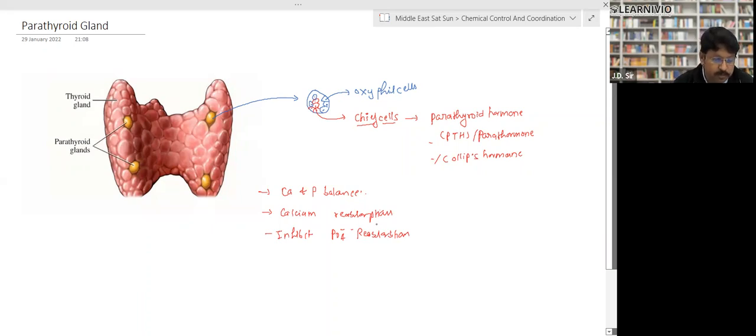Full stop. Thus it regulates the metabolism of calcium and phosphate.